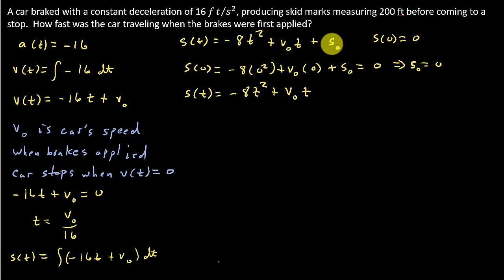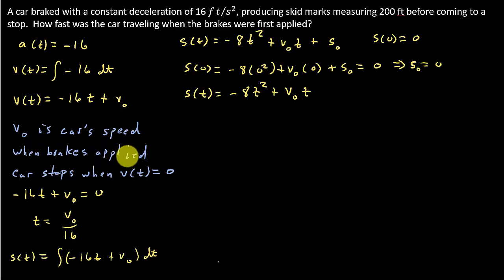All right. So what am I looking to do? What is it asking me? How fast was the car traveling when the brakes were first applied? Well, let's see what I know. I've got to find v0, because v0 is the car's speed when the brakes were applied.